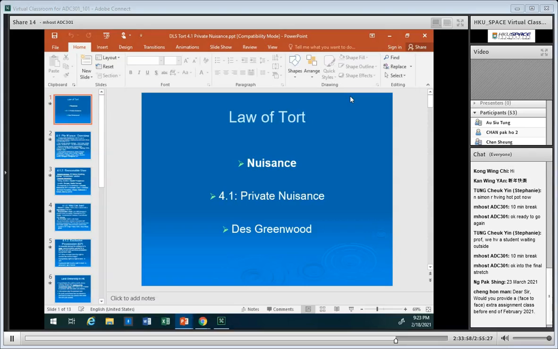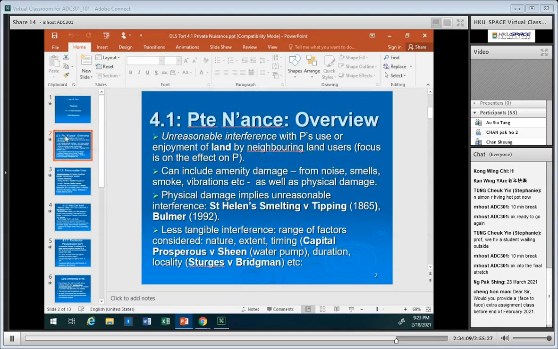So this is what we're going to talk about for the rest of tonight, and we'll finish it off on Saturday. So let's have a look first of all, and is there a definition of private nuisance? Yes, there is. Your course manual doesn't exactly say it as I've got it on the screen, but everybody make sure you know that private nuisance is unreasonable interference with the use and enjoyment of the plaintiff's land.